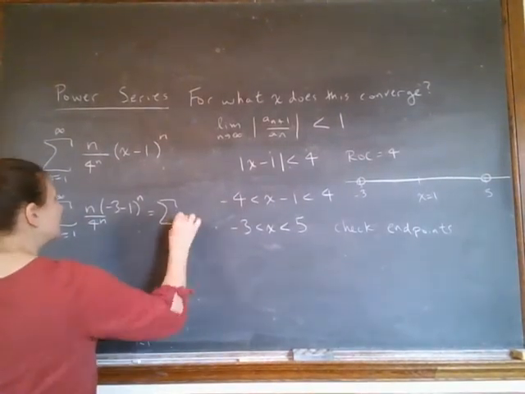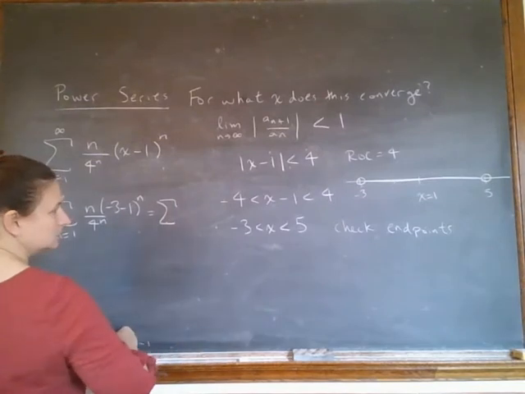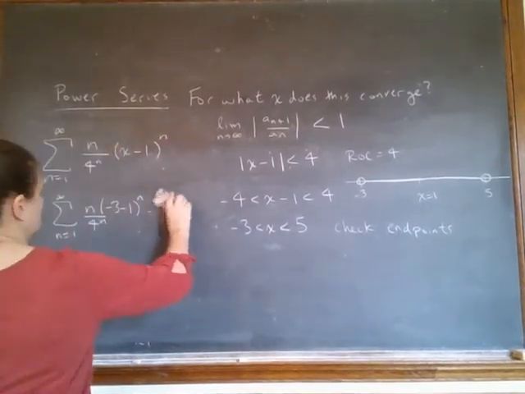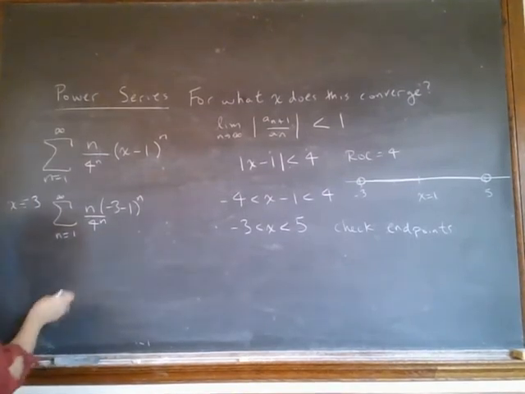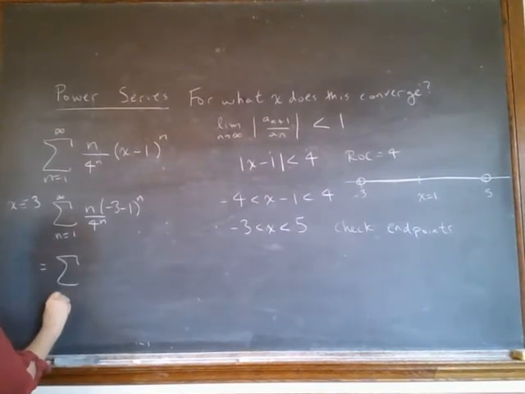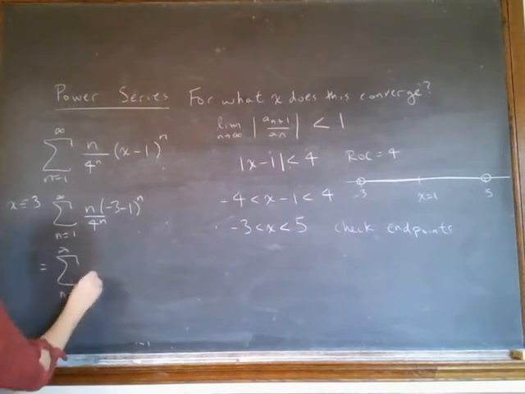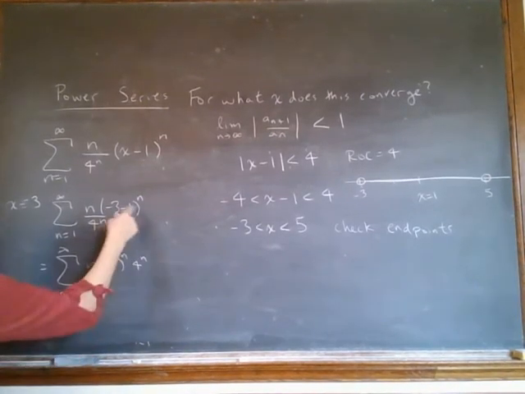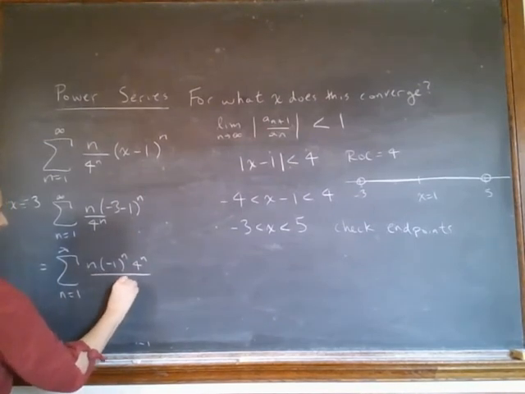Okay, what we have here is going to be n times minus 1 to the n, 4 to the n, right, because it's minus 4 to the n, over 4 to the n. These guys cancel.